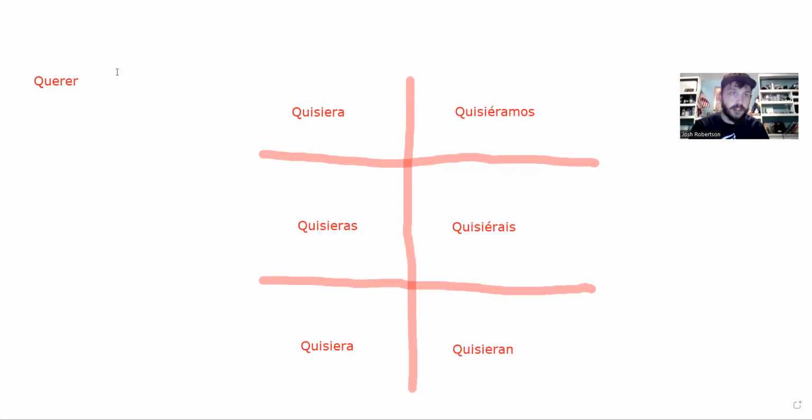So, conjugated in the imperfect subjunctive is yo quisiera, tú quisieras, él, ella, usted quisiera, nosotros, nosotras quisiéramos, vosotros, vosotras quisierais, ellos, ellas, ustedes quisieran.